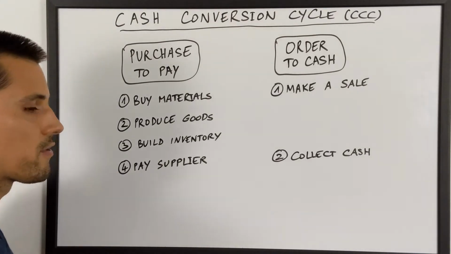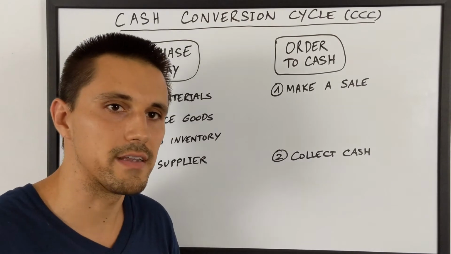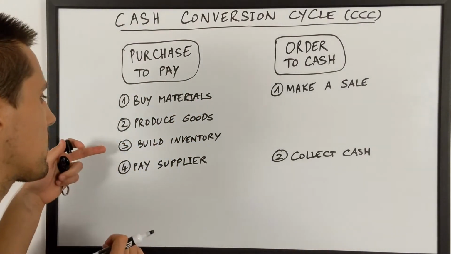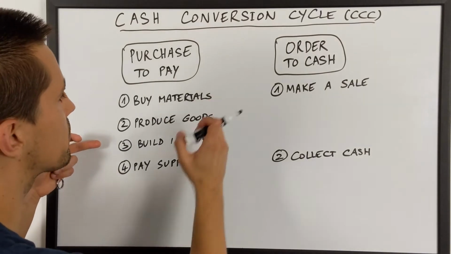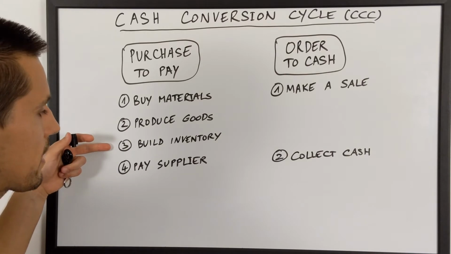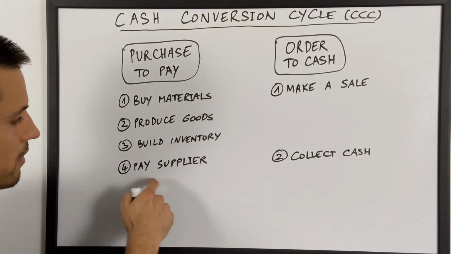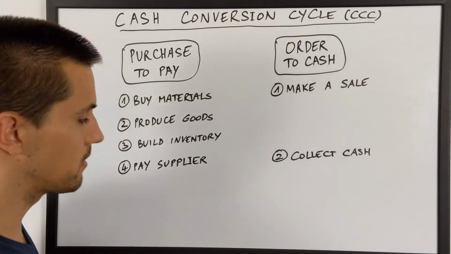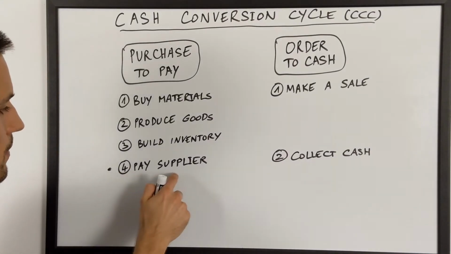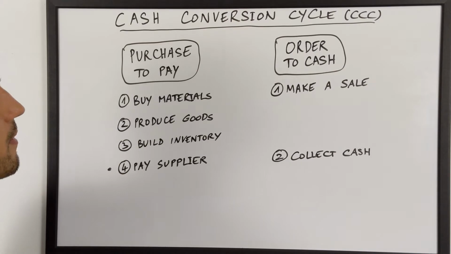You're building your inventory, and again, if you already have your factory, you're not gonna pay for anything. You're building your inventory with the goods and the machines you already have. So again, no cash involved. But look at the last point, pay supplier. That's where the cash comes into play, okay? So this point is relevant in the purchase to pay.